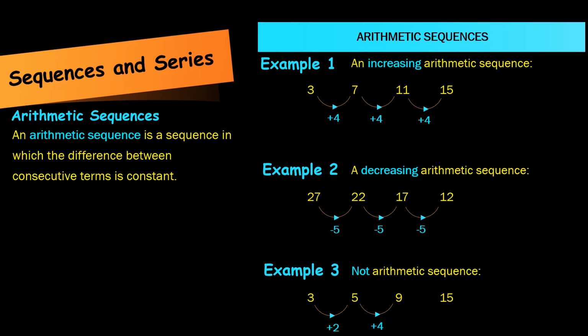Between 5 and 9, this is an increase of 4. And between 9 and 15, this is an increase of 6. So consecutive terms are not increasing by a constant each time.